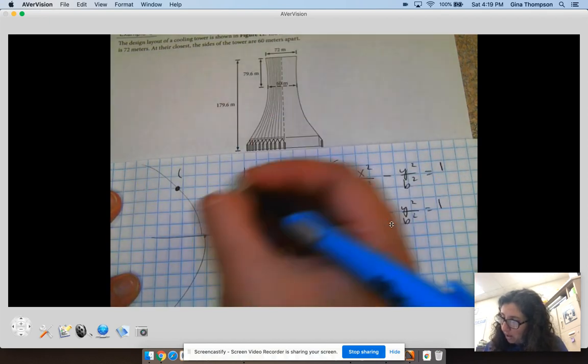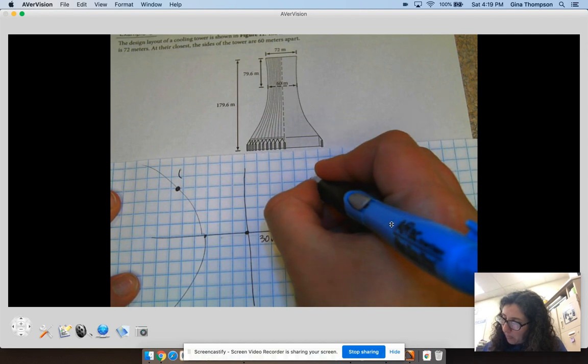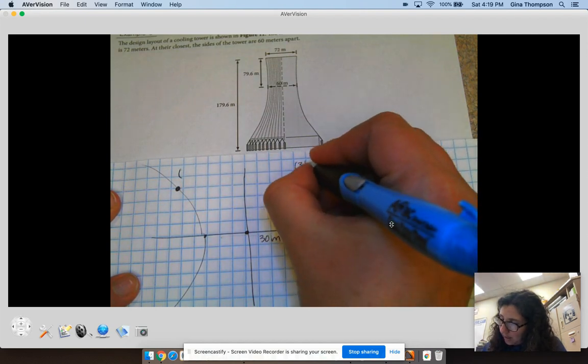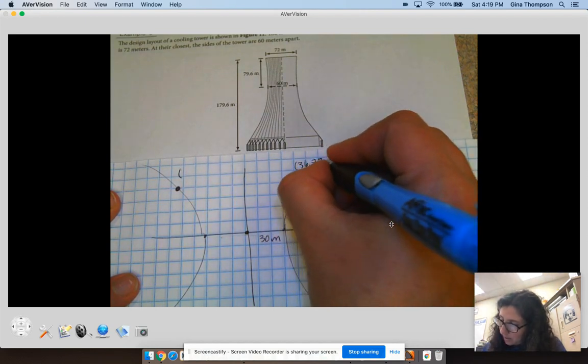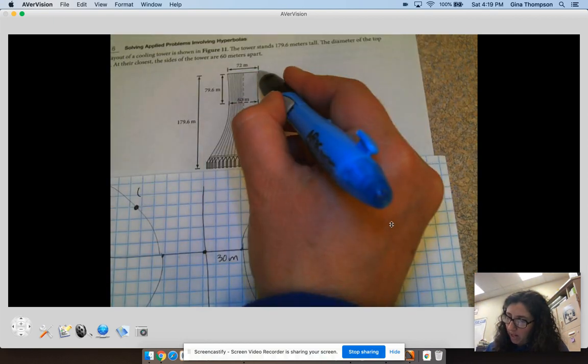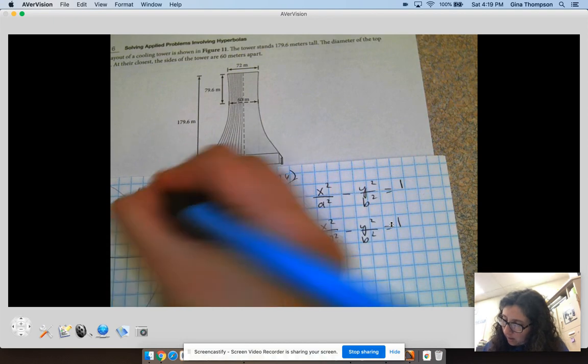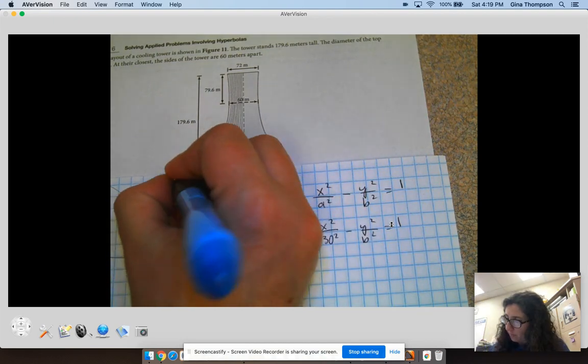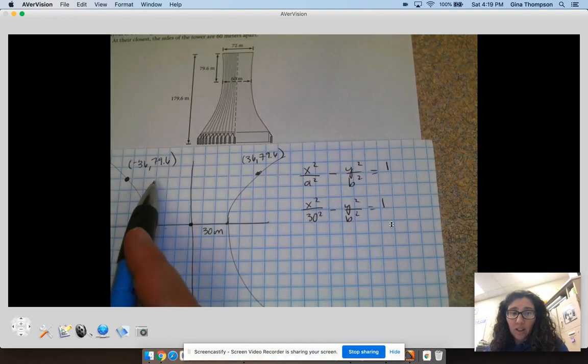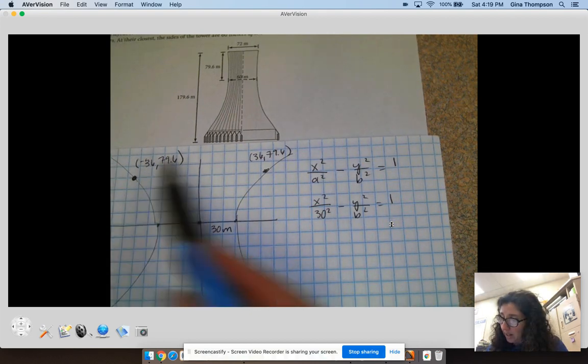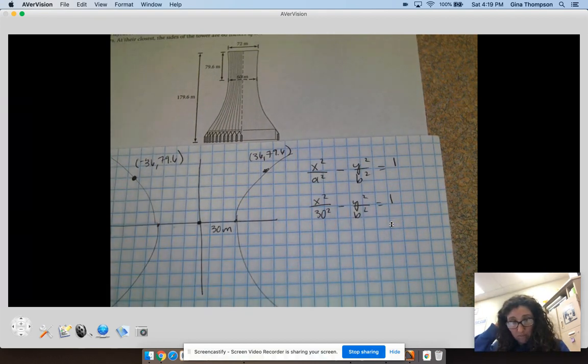We could do it either way, right? Let's do it over here. This is going to be at 36, 79.6, right? This point right here, or this point right here could be at negative 36, 79.6. And we can plug that point in for our x and y values and solve for b.